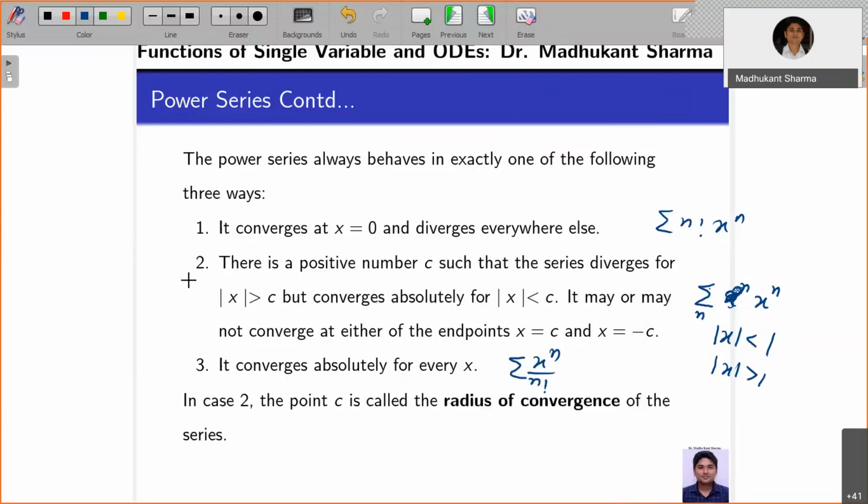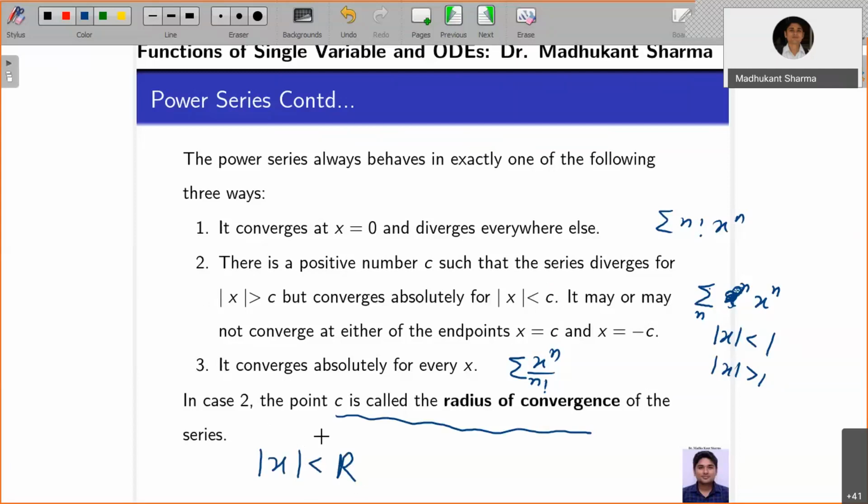So in case 2, you are identifying a stage here. Up to it the series converges, afterwards it does not converge, and it converges in this interval. That point is called the radius of convergence. We have just learned this: mod x less than R. So whenever you find the radius of convergence as R, you write that the power series converges only in the region mod x less than R. You are not going to include the equality sign here.